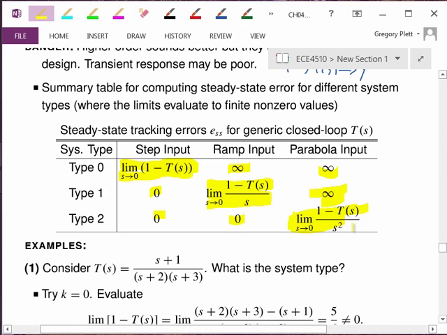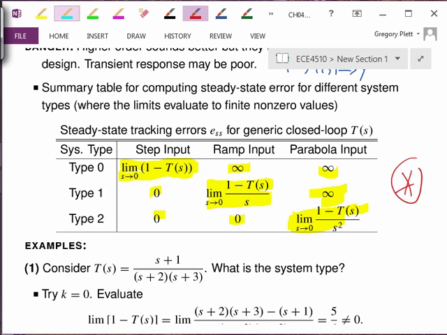Please put some kind of a note in your binder for this table, because we're going to have a very similar table in the next section, and it's very easy to get those two confused. So make a note, maybe highlight, do whatever it takes for you to recognize that this table is specifically for a generic closed-loop transfer function.